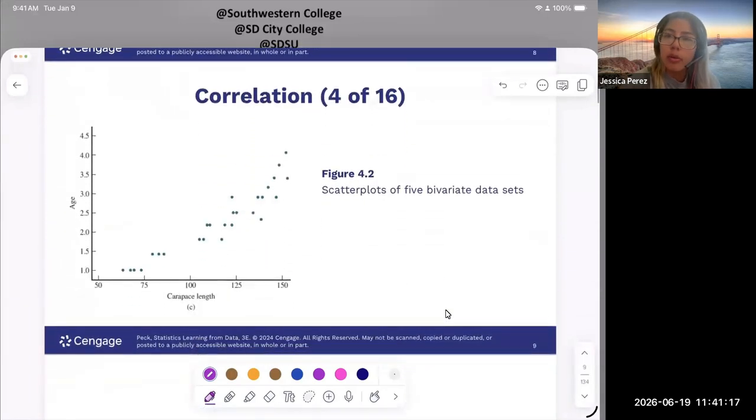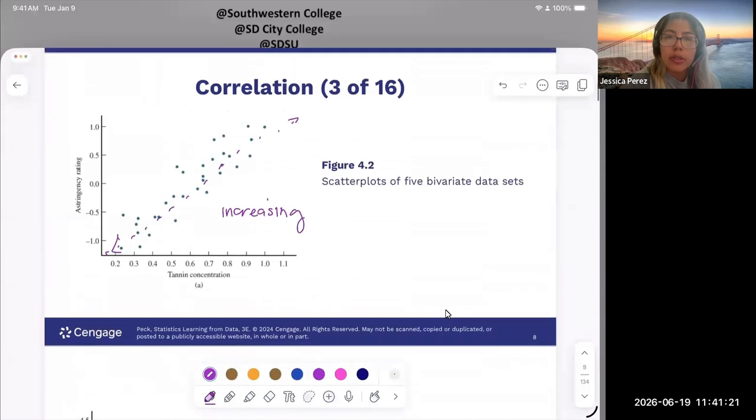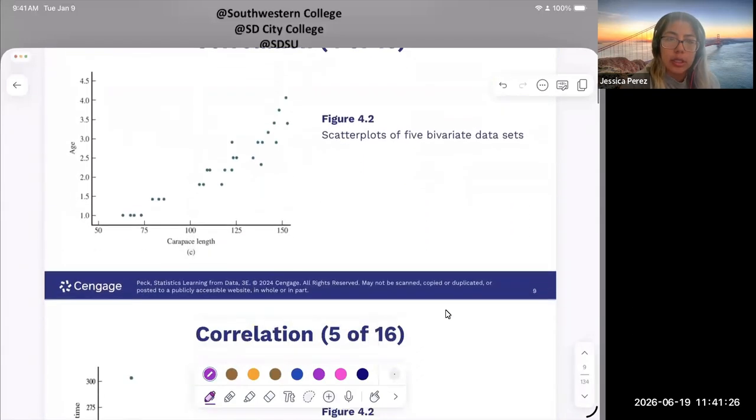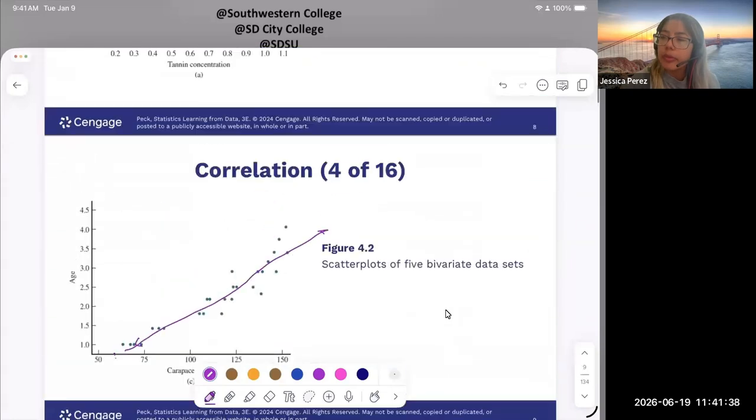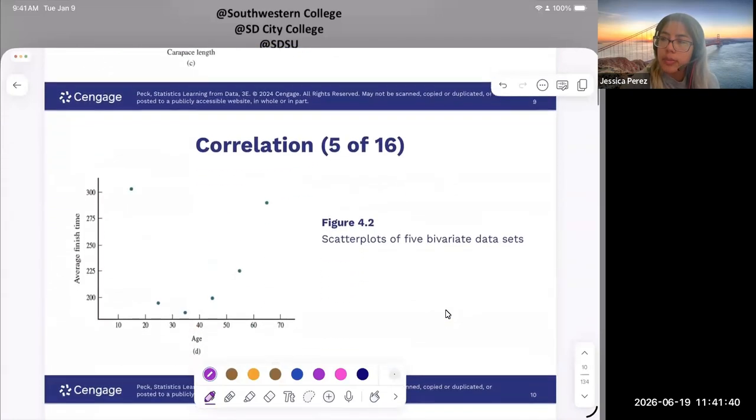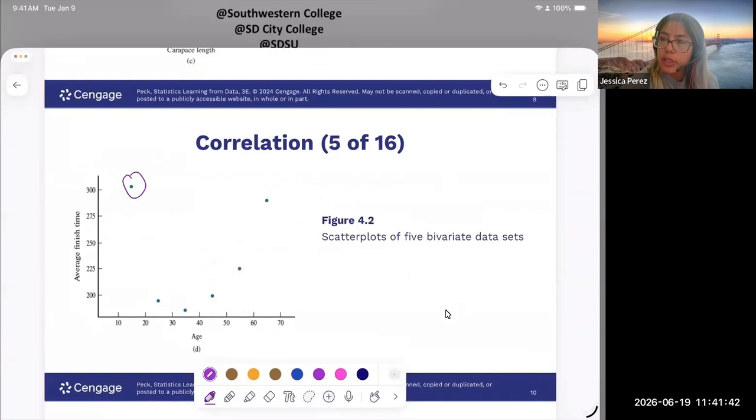Now here, in part A, we notice that there's a correlation. Now this one, not necessarily linear. It looks like it kind of goes up and down. Yes, it's kind of going upward. Now, look at the next relationship. There are some points over here.